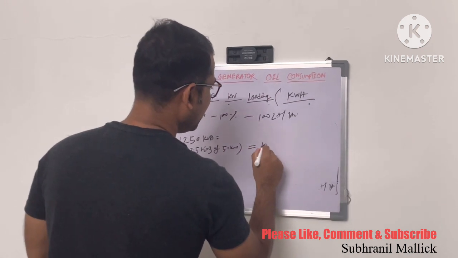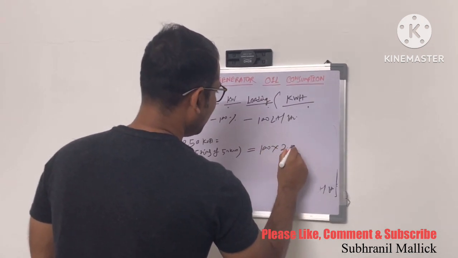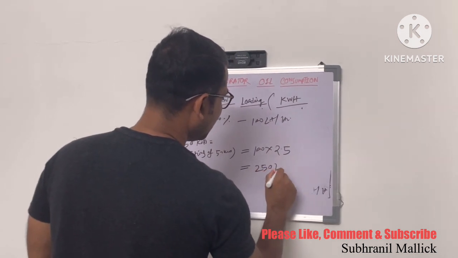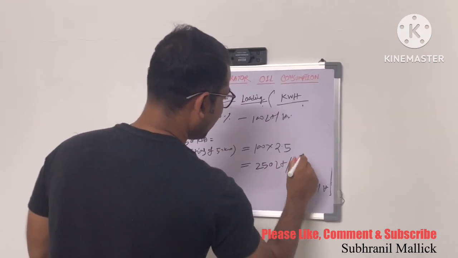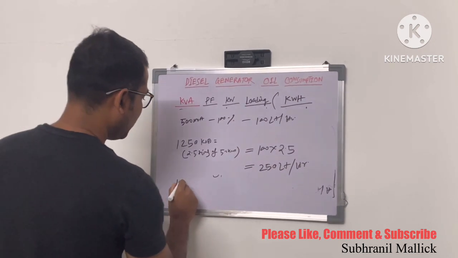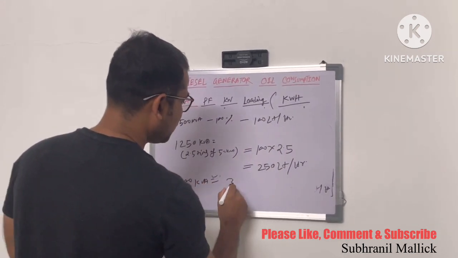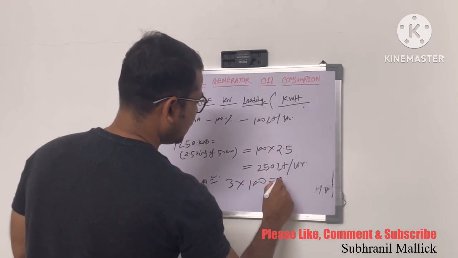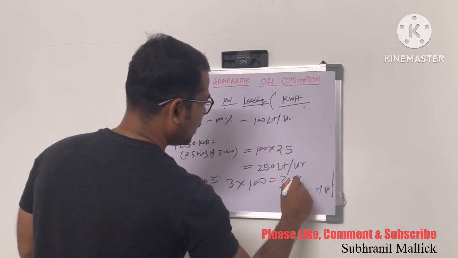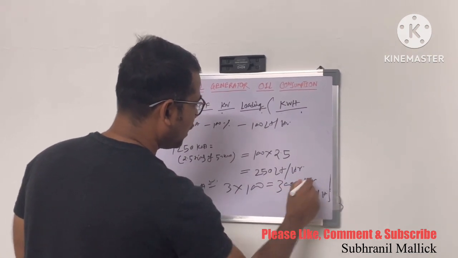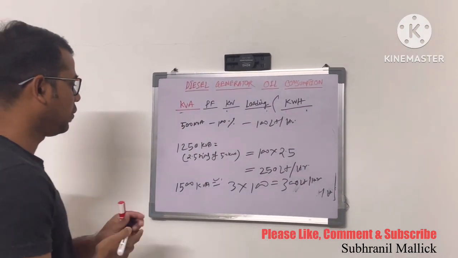Then the answer will be 100 into 2.5, which is 250 liter per hour. And for 1500 kVA, it will be 3 times, 3 into 100, which is 300 liter per hour of diesel oil consumption.